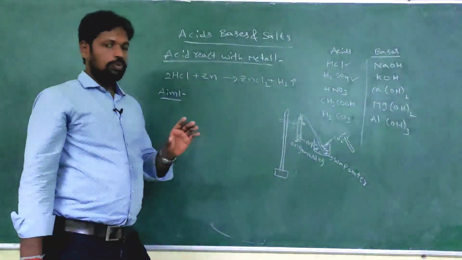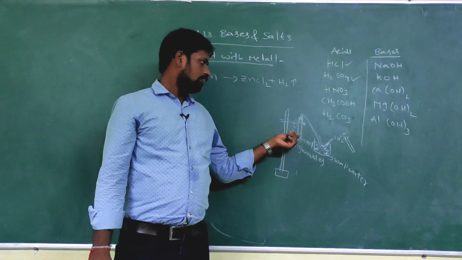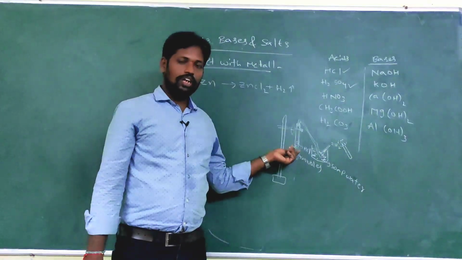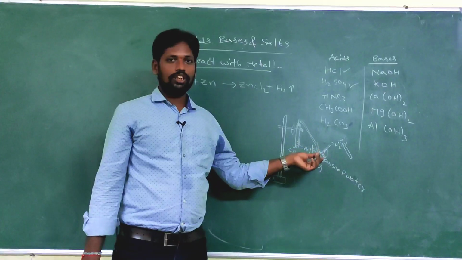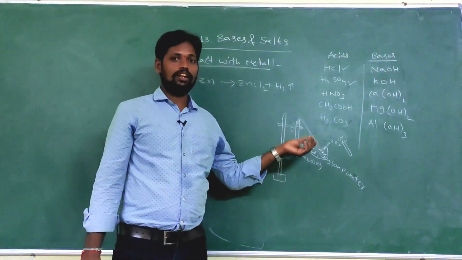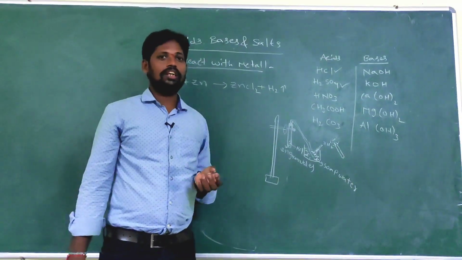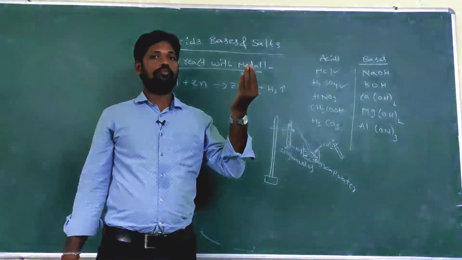Next, the procedure. First point: zinc reacts with hydrochloric acid and releases hydrogen gas, and you test it with a matchstick, candle and trough with soap water. You observe the gas released, and this is the observation. Later, the precautions.